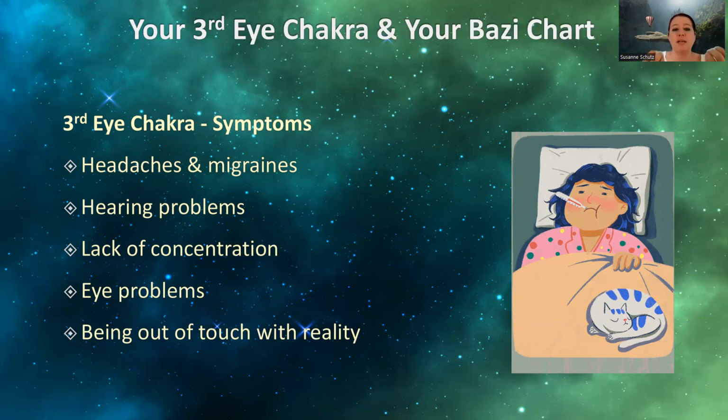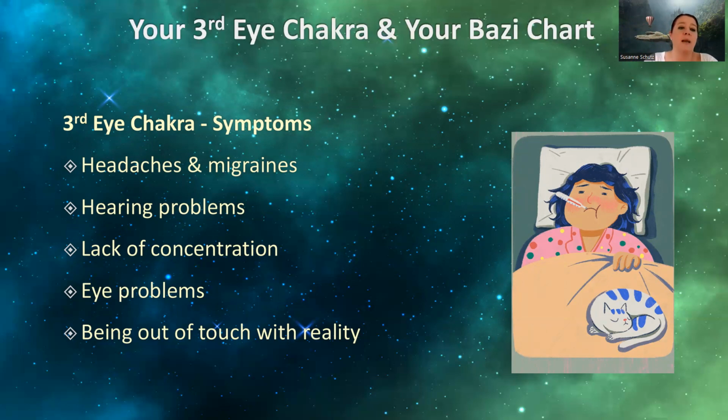You may not really be seeing clearly. You need very strong eyeglasses or contact lenses. Or, as I mentioned earlier, you don't really see a positive future for yourself. It could also lead to a lack of concentration or the inability to concentrate. If you're constantly distracted, you're totally scatterbrained, you're never able to focus on anything, this could also be a symptom of a third eye chakra block.